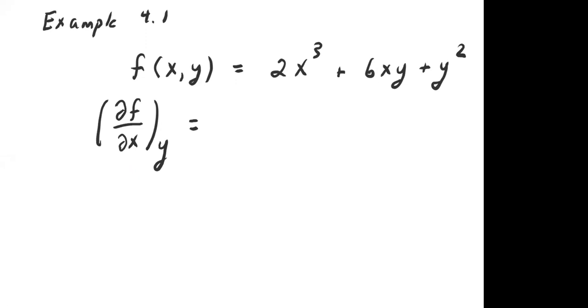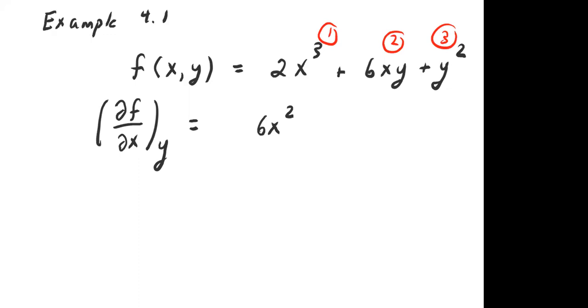So that means that I have 3 terms here, 1, 2, and 3. If I look at the first term and treat y as a constant, y is not there, so that's easy. So I just take the derivative with respect to x using the rules of elementary calculus. So that's just 6x squared.